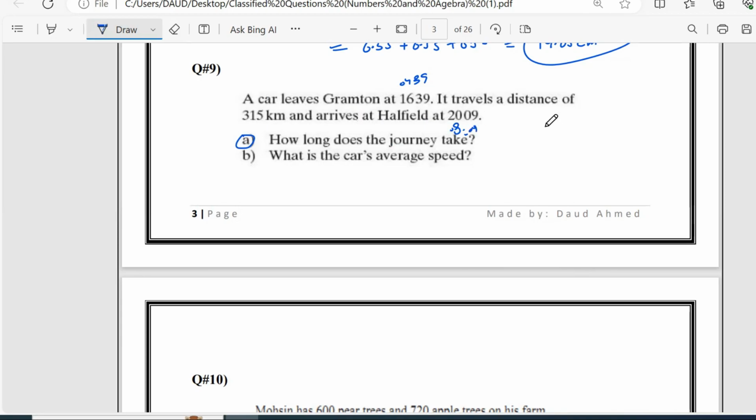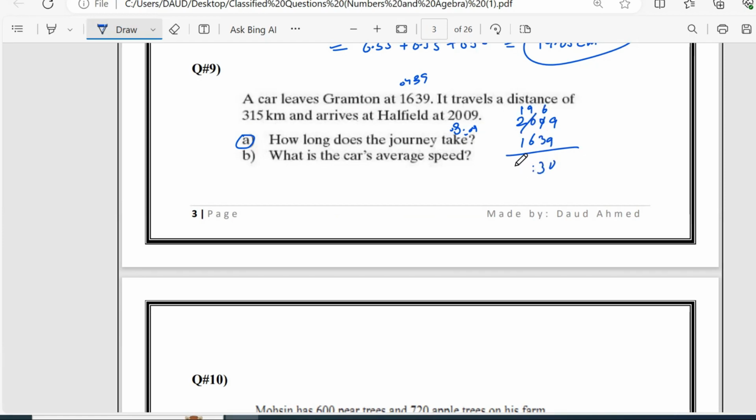Okay. So one way is, we can subtract, as you can see here, 16:39 from 20:09. So 9 minus 9 is 0, but we cannot subtract 3 from 0. We will bring 1 hour. So if you bring 1 hour, it would be 10, and here 6. 6 minus 3 is 3.